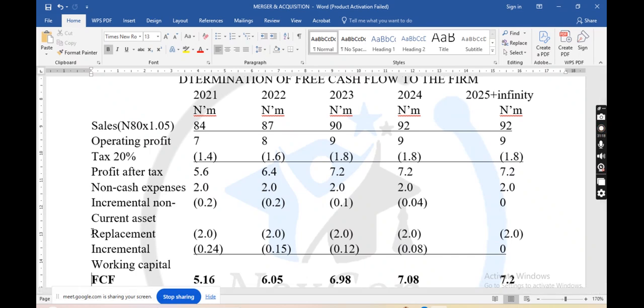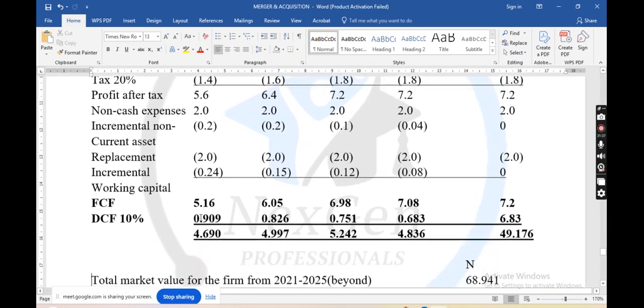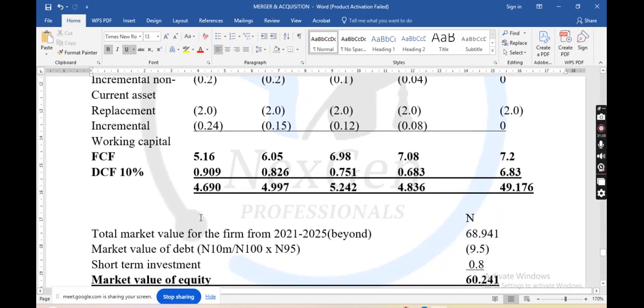Is the ingredient given in the question? If it is not given, maybe for the purpose of this question, we're given the weighted average cost of capital, which is to the firm. Don't stress yourself. Just calculate the total market value of the firm.